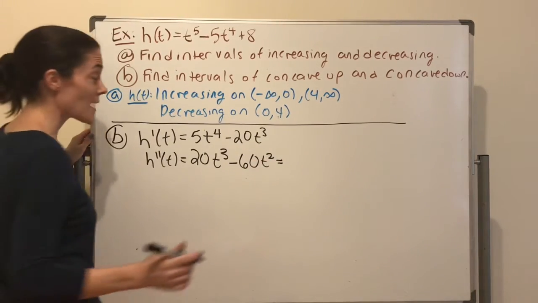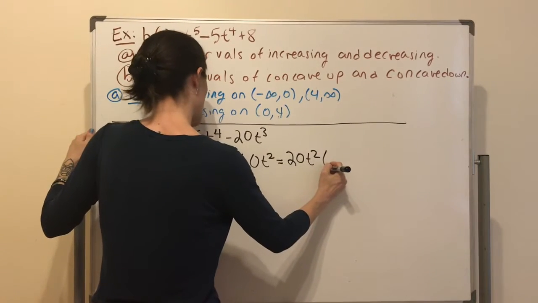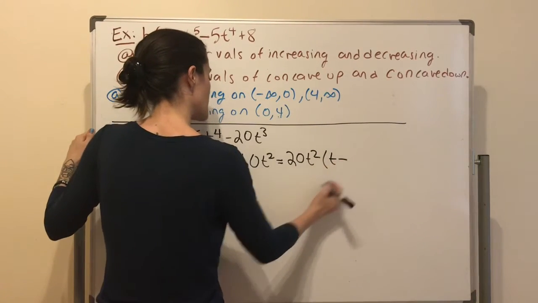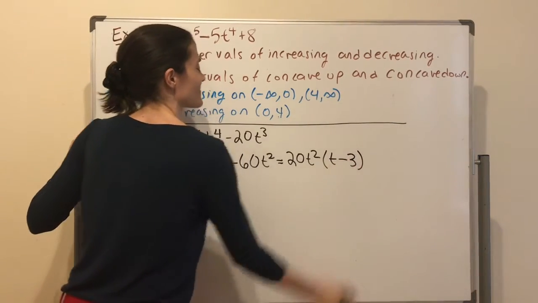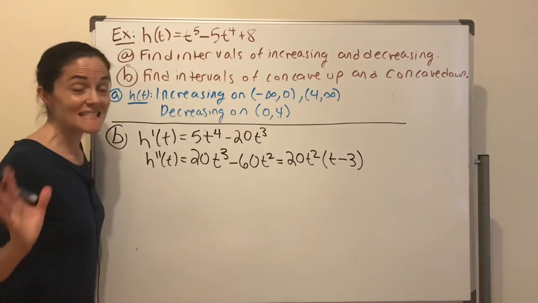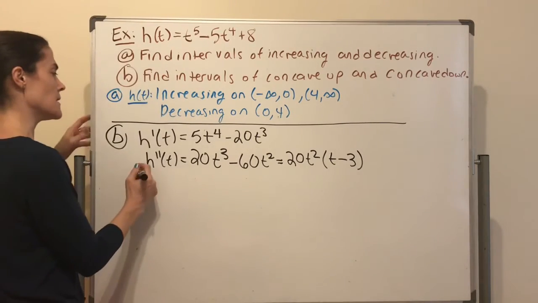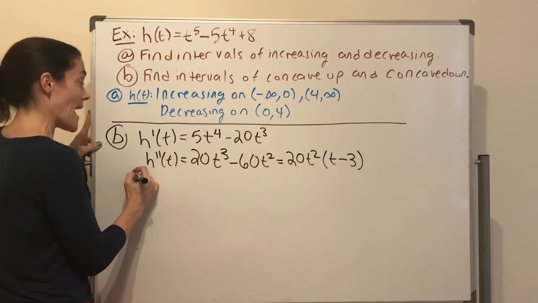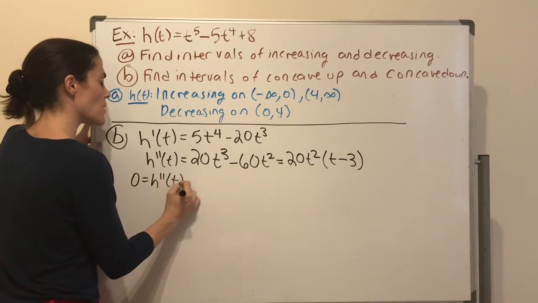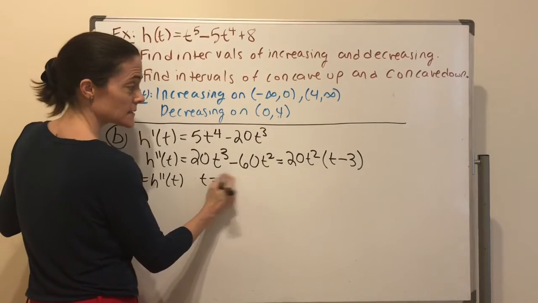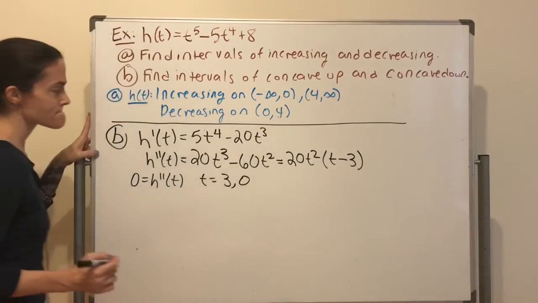I can factor out 20t squared and I get t minus 3. So here the second derivative is defined on the whole real line, exists everywhere, but the second derivative is 0 provided t is 3 or 0.